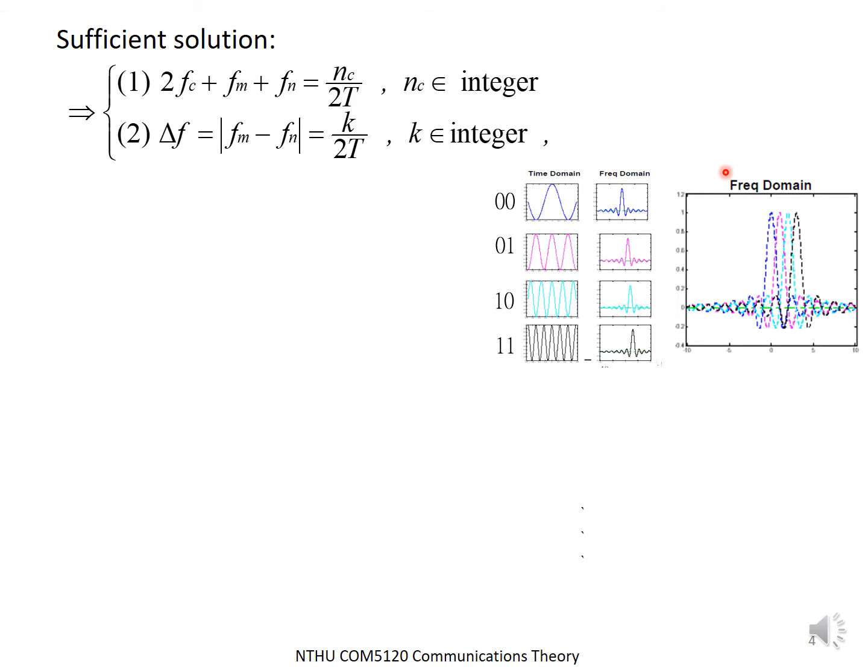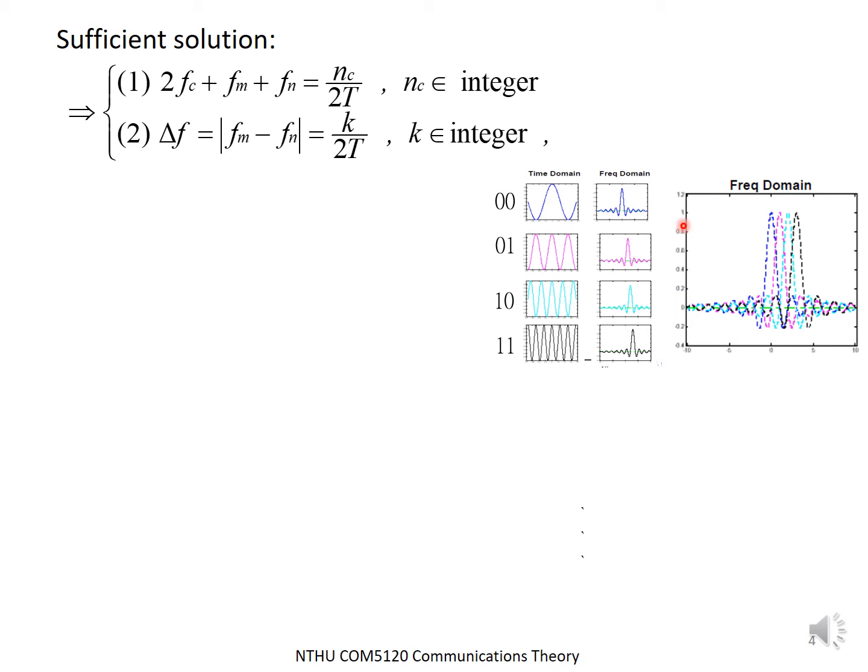And so the first term defines the summation of any two carrier frequencies in the MFSK, and the second term defines the difference of any two carrier frequencies to be a multiple of 1 over 2T.